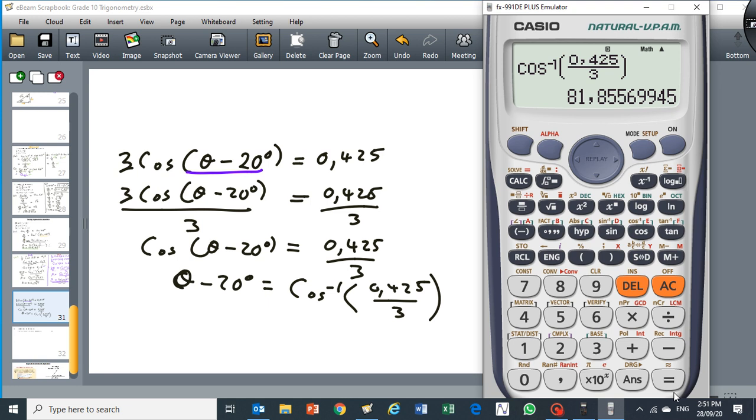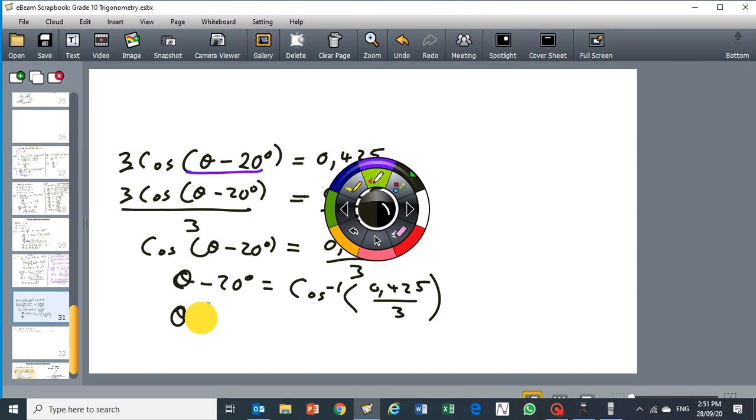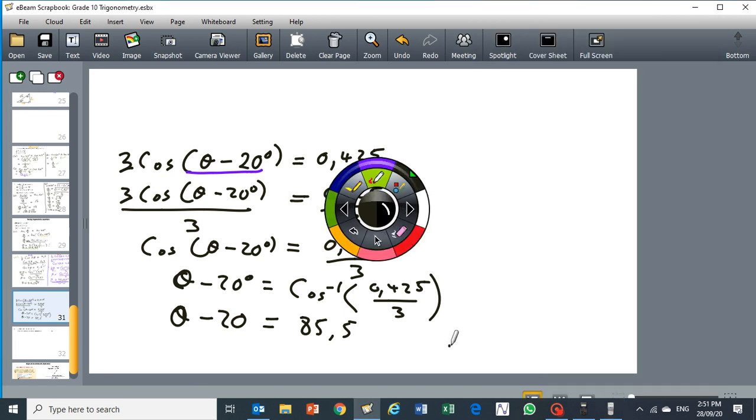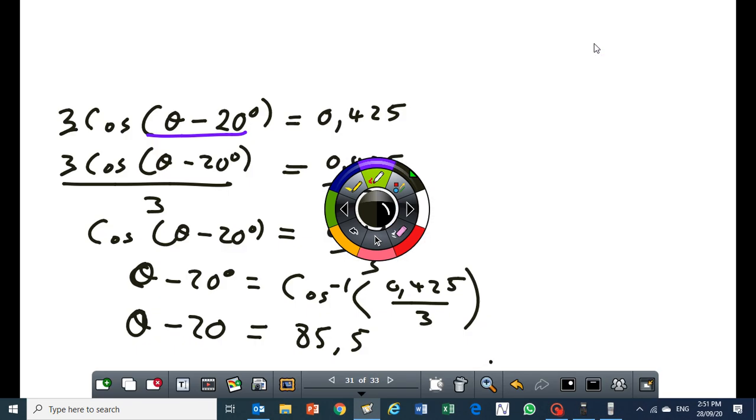81.85 dot dot. Okay? So it becomes theta minus 20 degrees is equal to 81.85 dot dot.